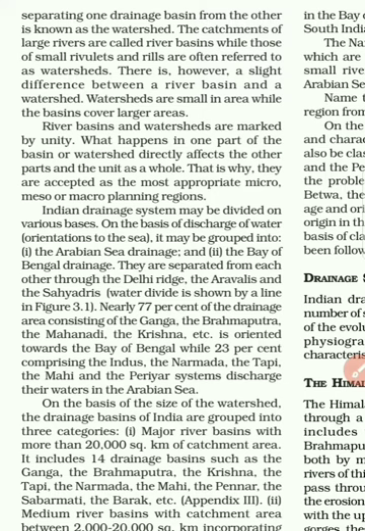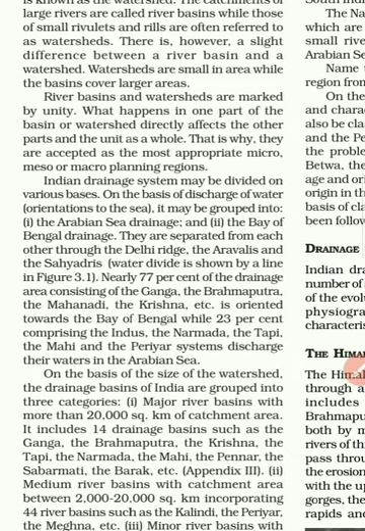As I told you, the land made by the rivers are the river basins, from where we get most of the water for irrigation. River basins and watersheds are marked by unity. What happens in one part of the basin or watershed directly affects the other parts and the unit as a whole. That is why they are accepted as the most appropriate micro, meso, and macro planning regions.